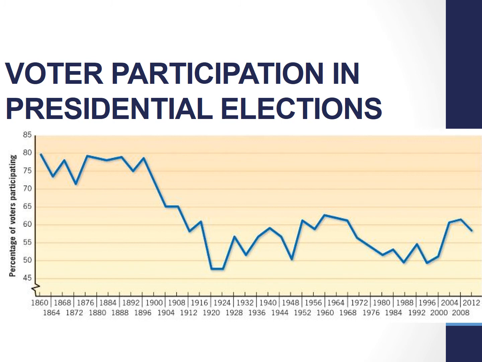Now this graph shows voter participation in presidential election years, and you can note that prior to the early 1800s, tons of people participate in presidential elections. Near 80% of people are participating in presidential elections.